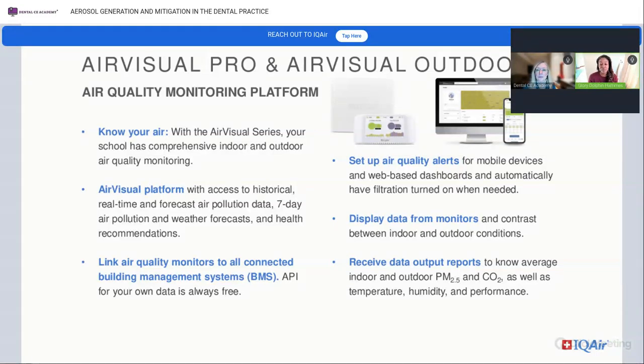I think the best thing is to know what those levels are and to really take the time to introduce new methods and new products, where you're able to quantify: is the air quality getting better, or is it getting worse?